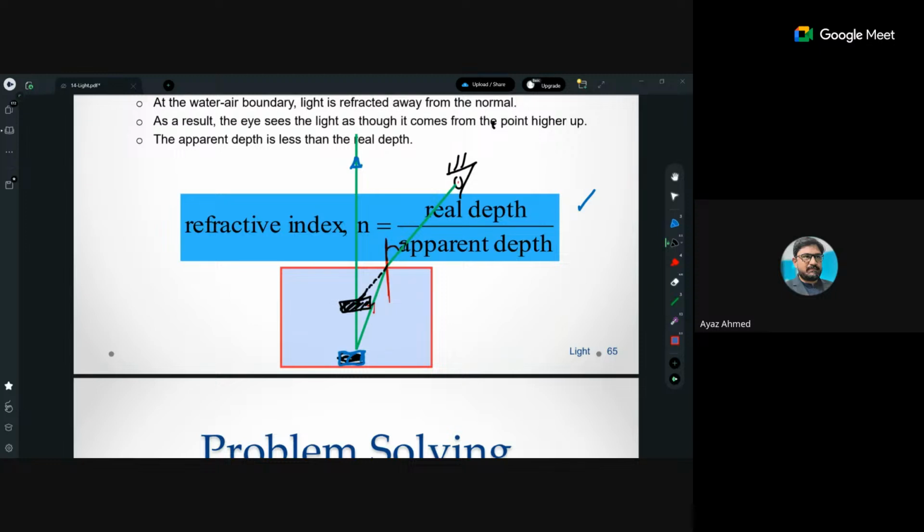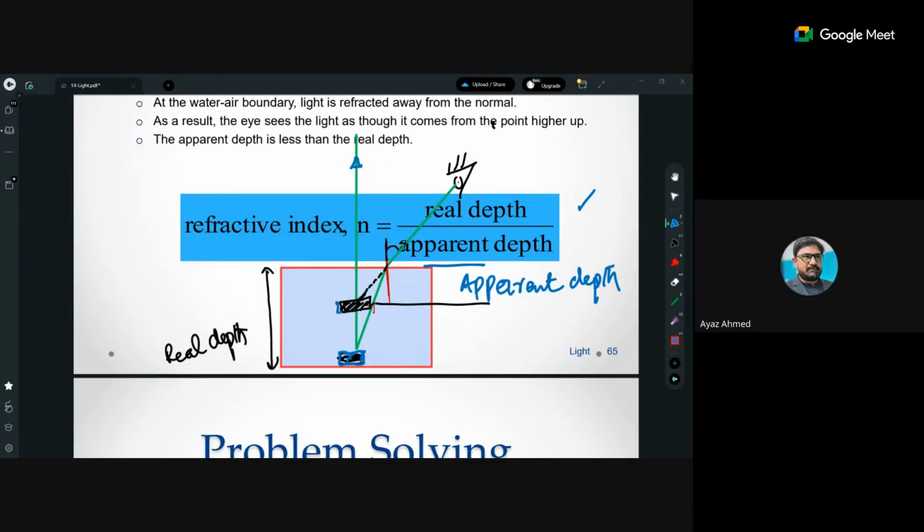So from this point to this point, this is its real depth. But the depth from this point to this point, this is its apparent depth. Are you getting my point? This is its appearing depth, apparent depth.